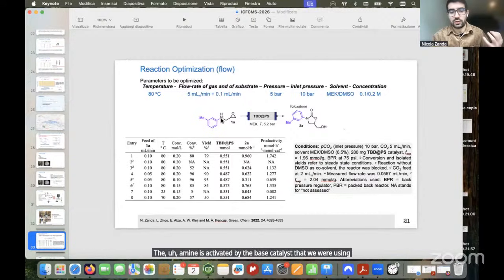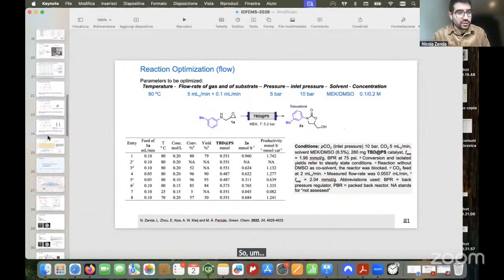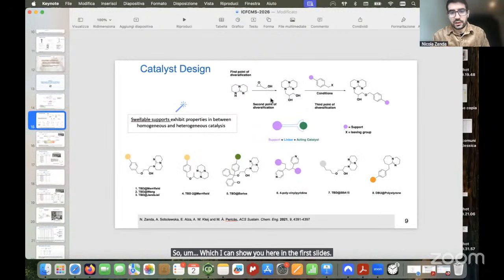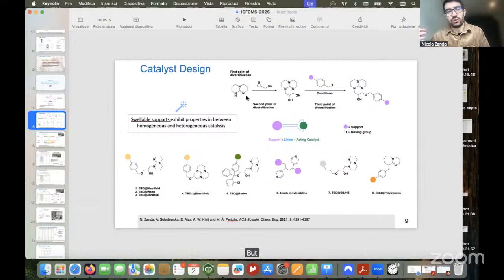So in this case it was the TBD, which I can show you here in the first slides. In that case, the base would just deprotonate the aniline, generating the nucleophile, which is the coupling partner for the CO2, but the methyl ethyl ketone would assist only by solubilizing the maximum amount possible of CO2.